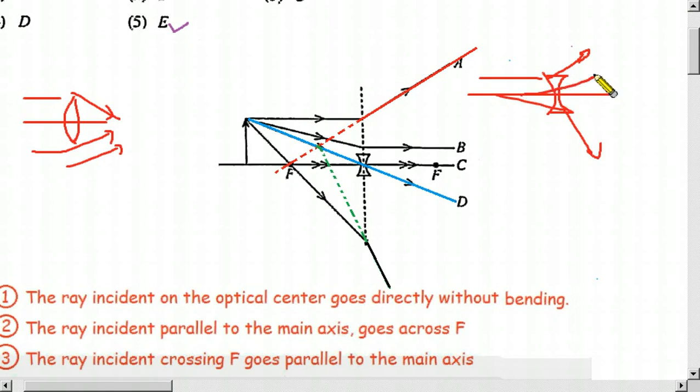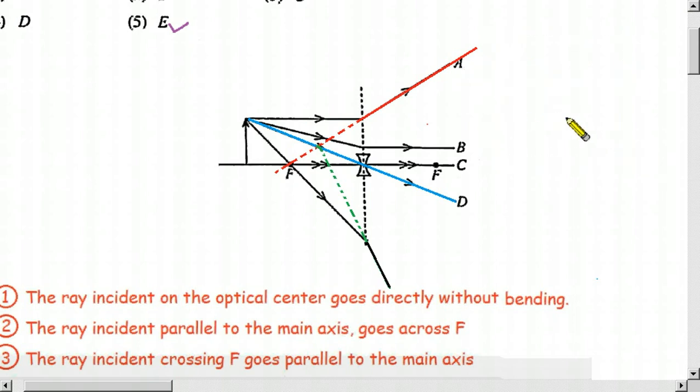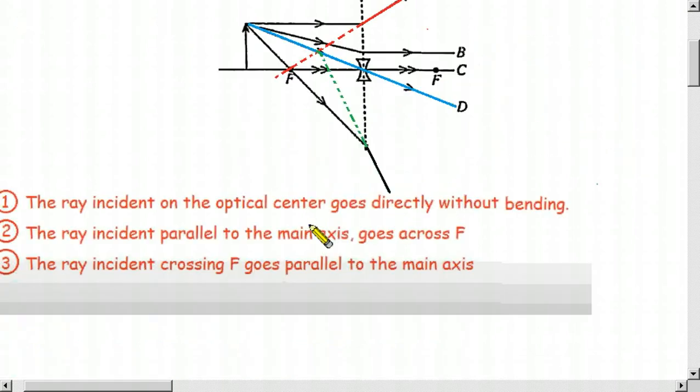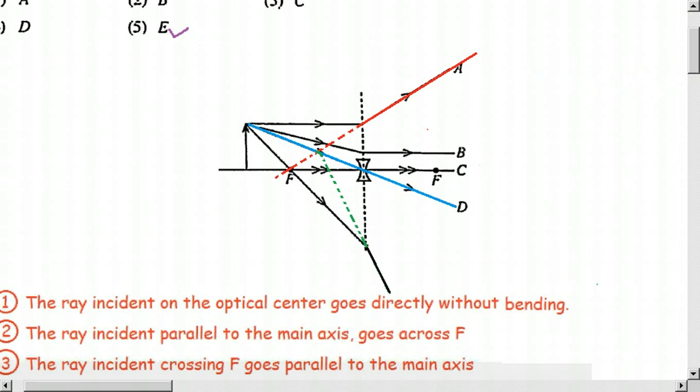Whatever the ray, if it came like this, it should bend like this, out of the principal axis. So I think you can understand now. This question is not a difficult one. If you know either this ray theory, the rules of rays, or converging and diverging to check, then you would have answered this easily.